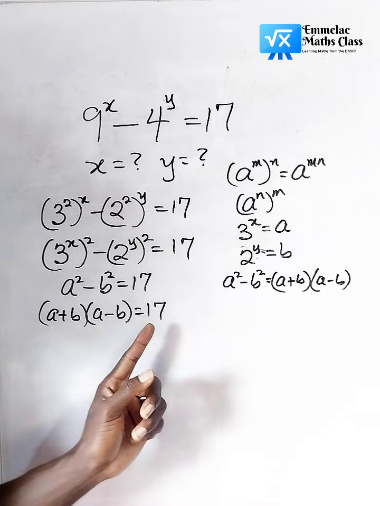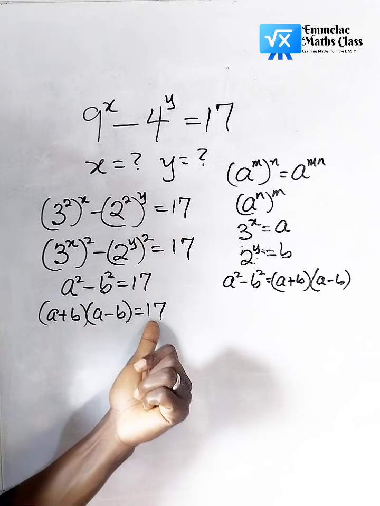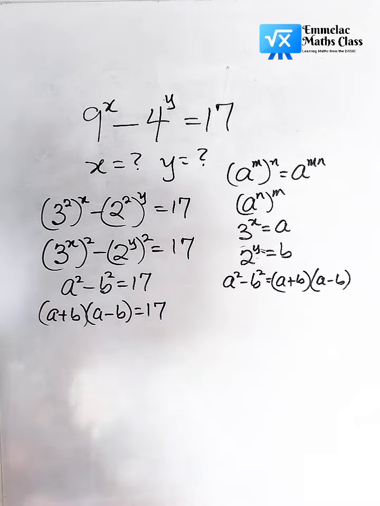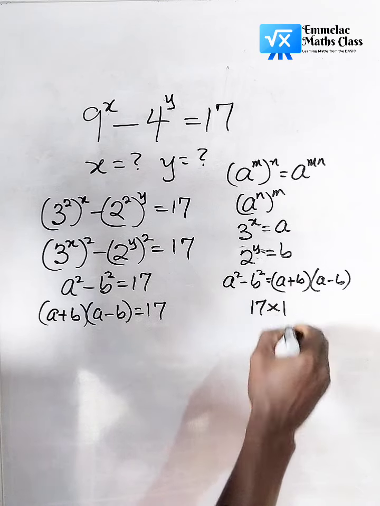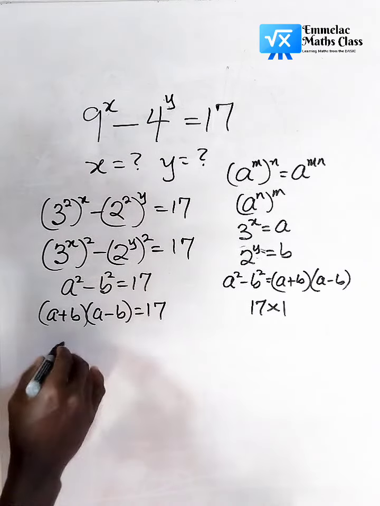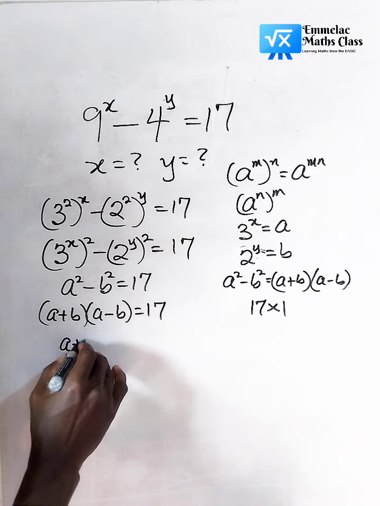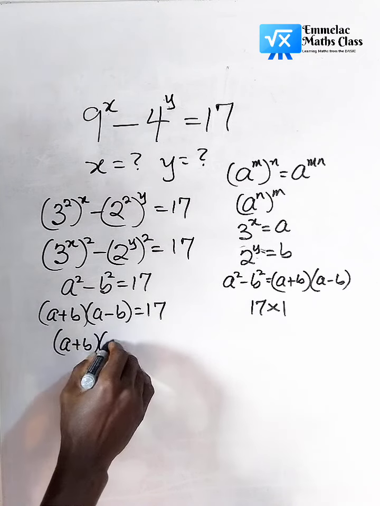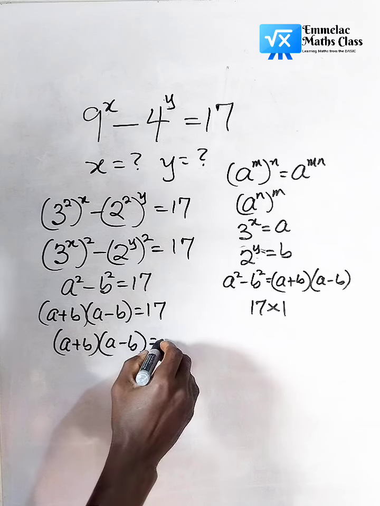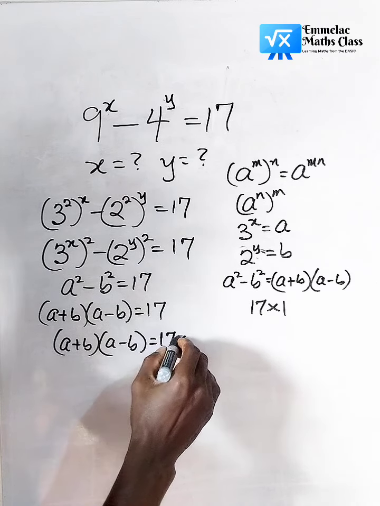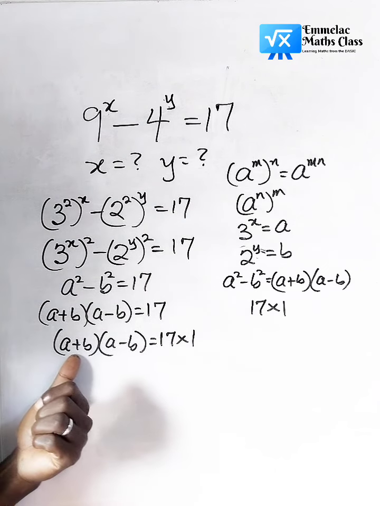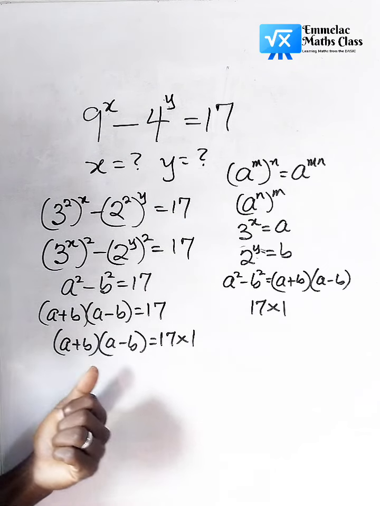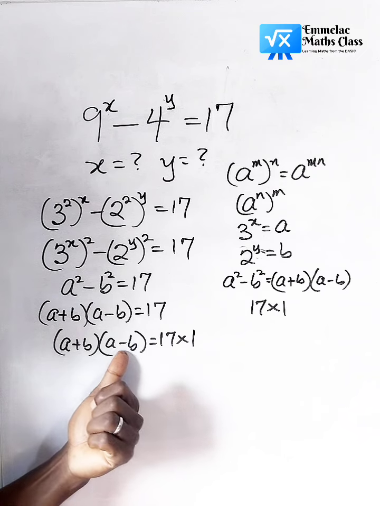Then the question we need to ask ourselves is, what will you multiply to give you 17? And the only factors we have here are 17 times 1. Those are the only two factors. So we have a plus b times a minus b equals 17 times 1. Now let us take note that the sum will always be greater than the difference, right?